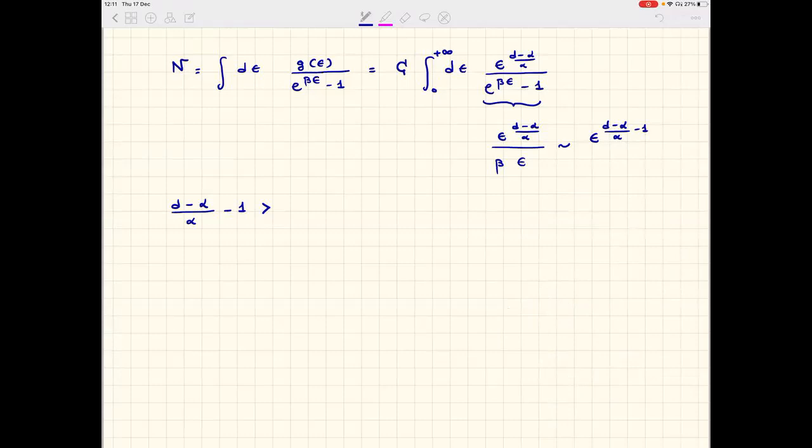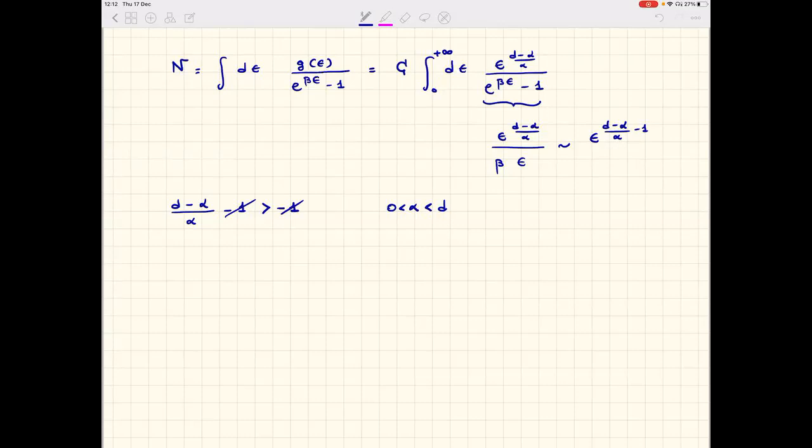Then d minus alpha over alpha minus 1 should be greater than -1. Okay, excellent. Which implies that actually alpha should be, well, if we assume that alpha is positive, otherwise life is complicated, but alpha should be between 0 and d. Okay? And that's it. This is the condition.